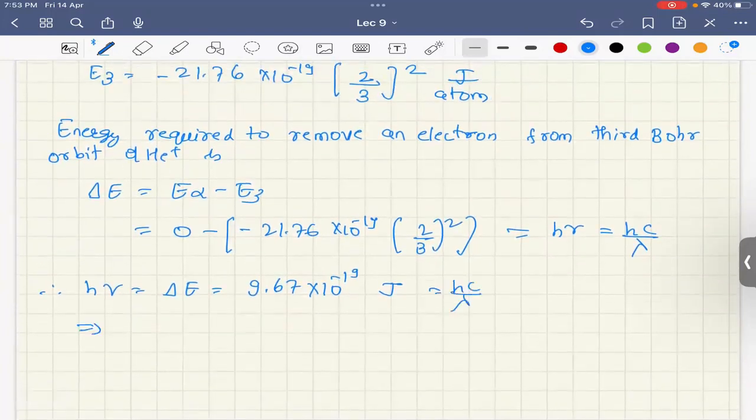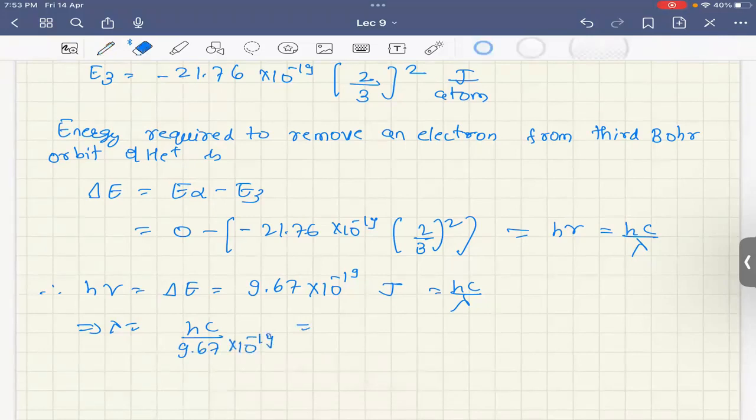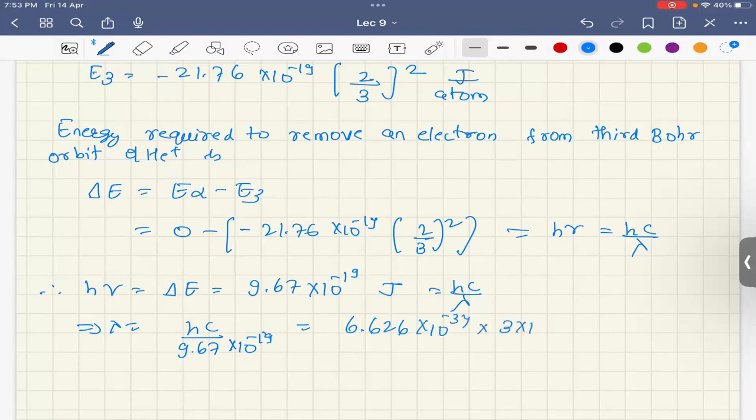Hence lambda is what? hc by 9.67 × 10 raised to power minus 19, right? So when we put in the values, we get 6.626 × 10 raised to power minus 34, that is the value of h, multiplied by 3 into 10 raised to power 8, that is the value of c, the speed of light, divided by 9.67 × 10 raised to power minus 19.